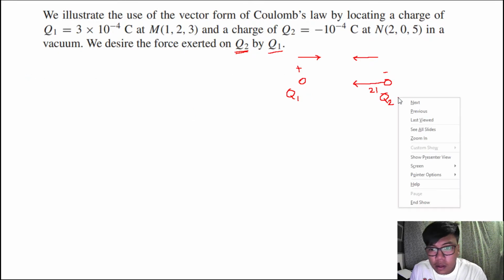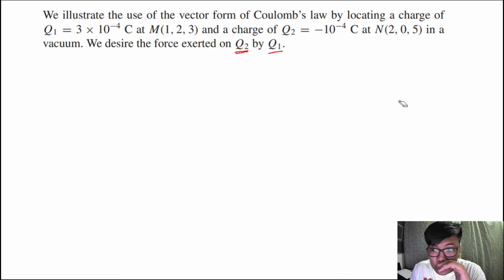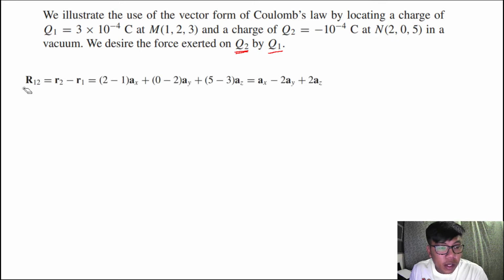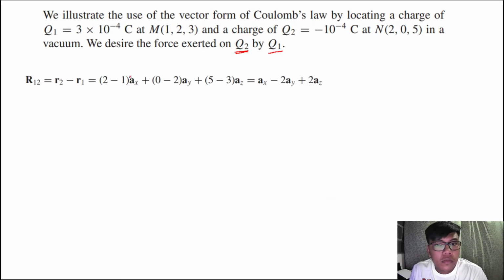Okay, so solve natin. So, we have now R12. R12 is equal to R2 minus R1. So, we have 2 minus 1 a sub x, plus 0 minus 2 a sub y, plus 5 minus 3 a sub z. So, meron tayong a sub x minus 2 a sub y plus 2 a sub z.